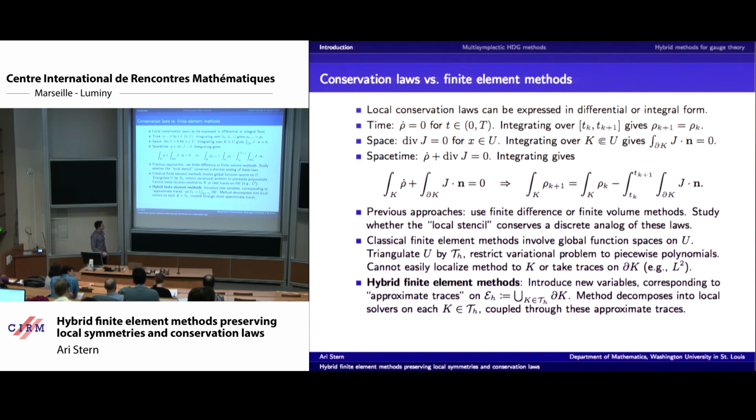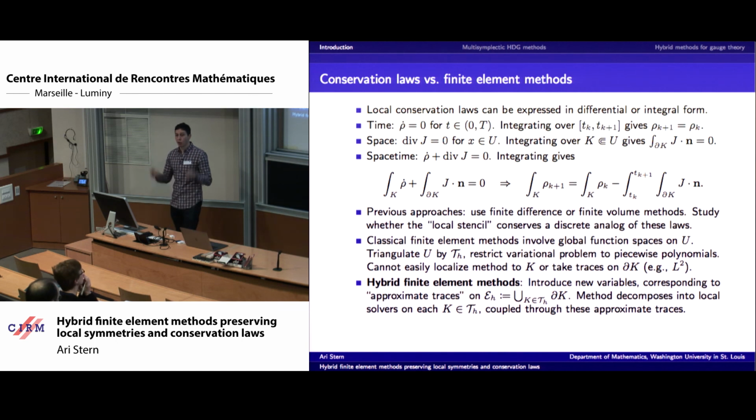But you then introduce new variables on the boundaries that end up acting like approximate traces, and these enforce certain continuity conditions. So this decomposes into a collection of local solvers, one for each simplex, and they're coupled together through these new variables, these approximate traces. You can also sometimes think of them as Lagrange multipliers.